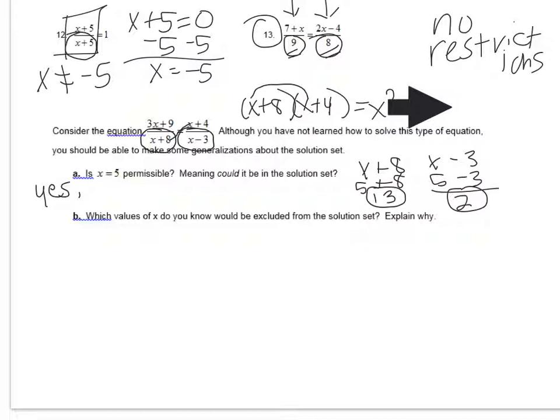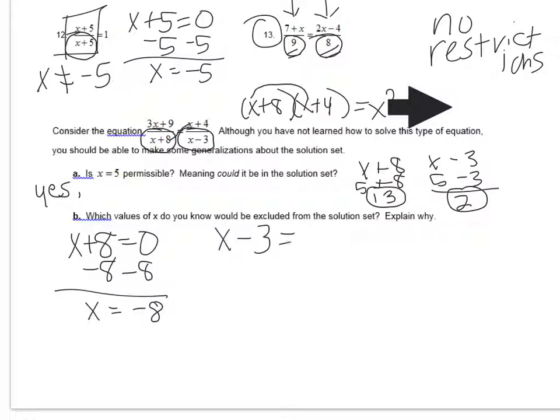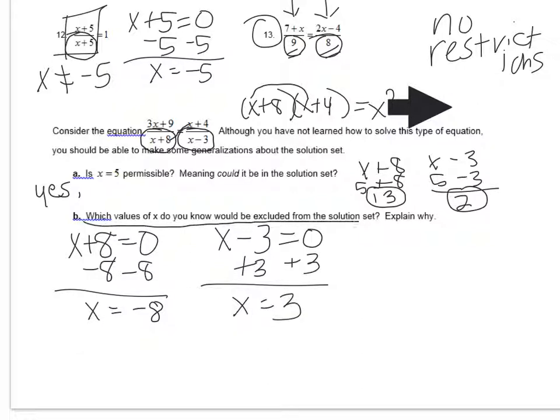So looking at that first denominator, x plus 8, set it equal to 0. Subtracting 8 from both sides, you get x equals negative 8. And taking that second denominator, x minus 3, and setting that equal to 0, and solving that little equation, you get x equals 3. So those are the values of x that you know have to be excluded.